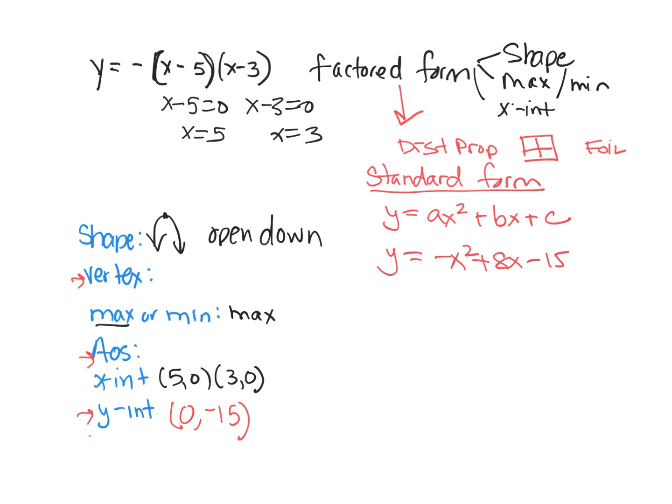Now, to get the vertex, this is what we've been practicing. We have an equation that says the x-coordinate of the vertex is equal to the opposite of b divided by 2a. And so we would say that's negative 8 divided by 2 times negative 1, which would give us a 4 for the x-coordinate of the vertex. And once we do that, that tells me that the vertex here is 4, and the axis of symmetry is x equals 4.